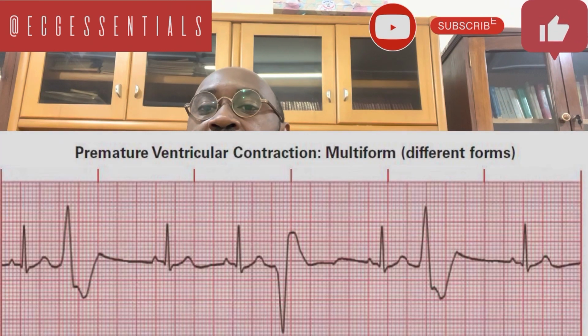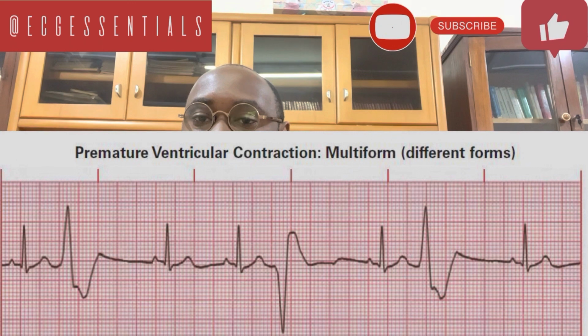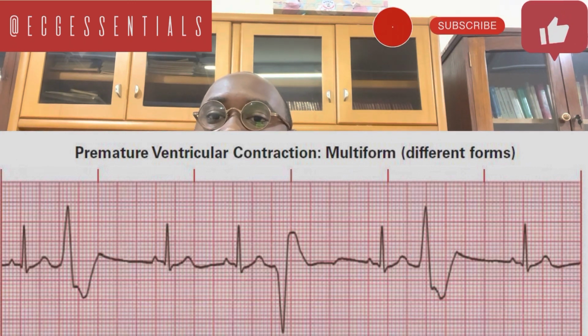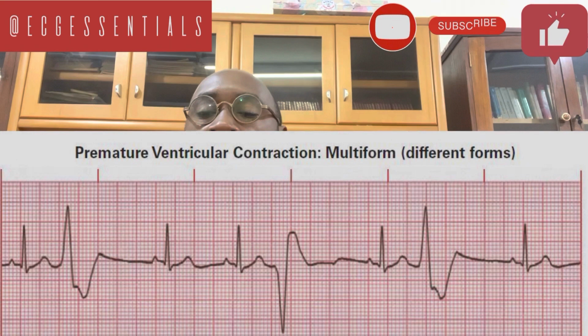And then, of course, if we are talking about premature ventricular contractions as well, we expect that the morphology of that particular premature complex will be different as compared to the normal QRS complexes, right?